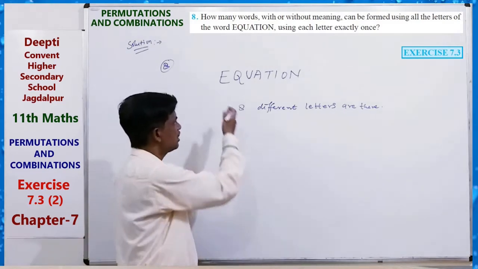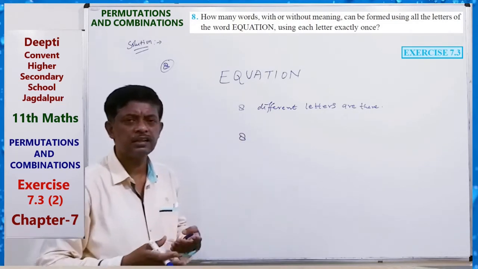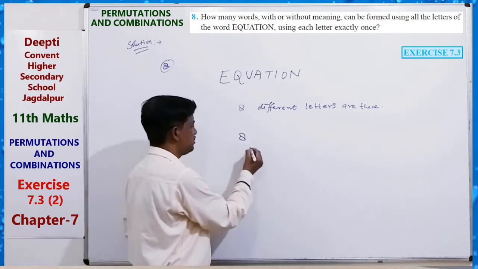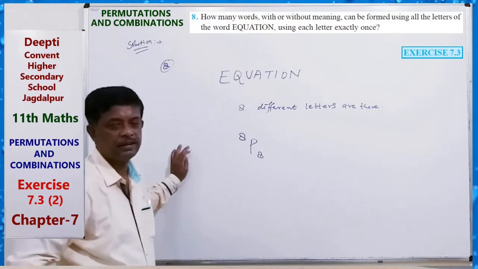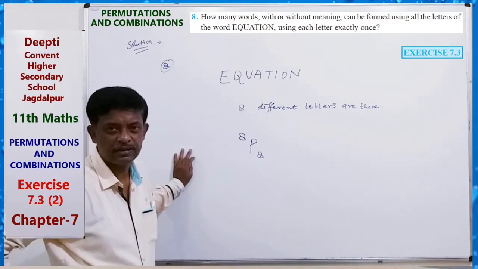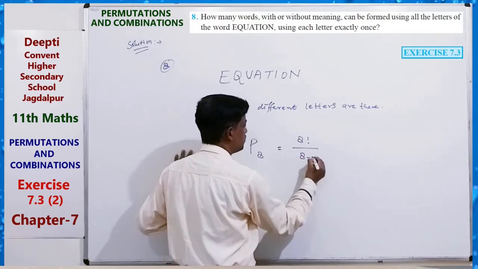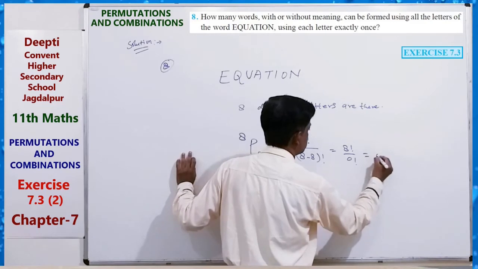That means there are 8 different letters. So select and arrange 8 letters from 8 letters. So 8P8, this equals what? 8 factorial upon 8 minus 8 factorial, equals 8 factorial upon 0 factorial, equals 8 factorial.